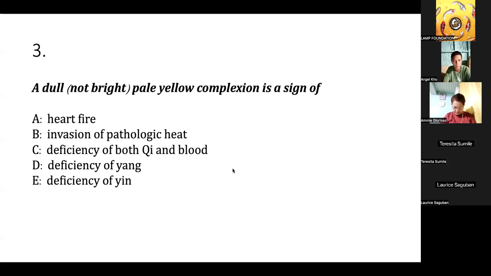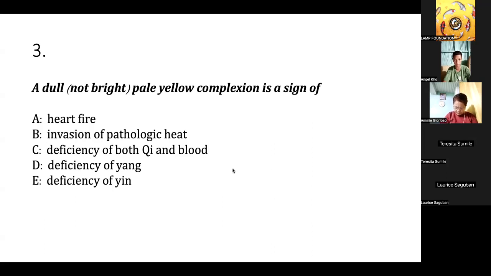Iba rin po yung itsura pag bright pale yellow. Pag bright, that means maaliwalas, and that's another story. This one is dull. Dull is deficiency.